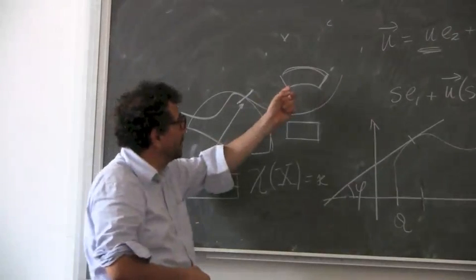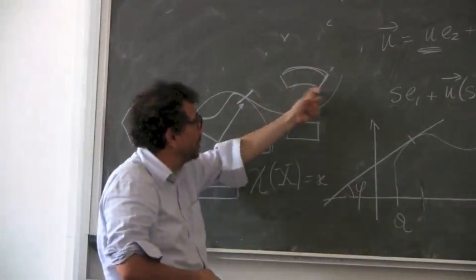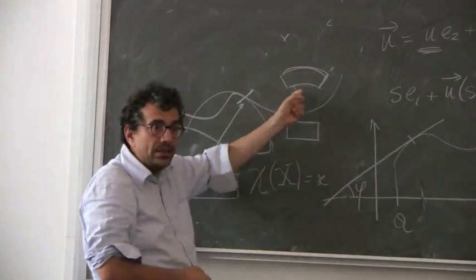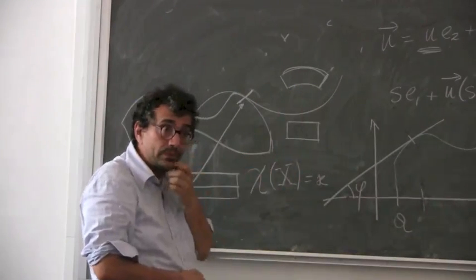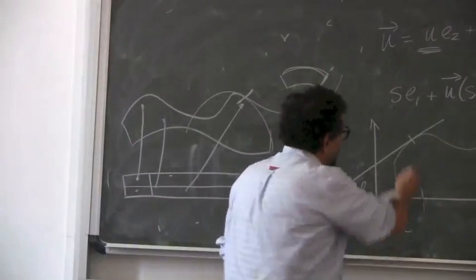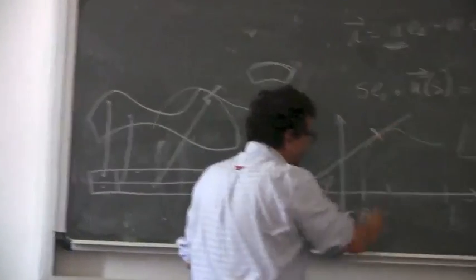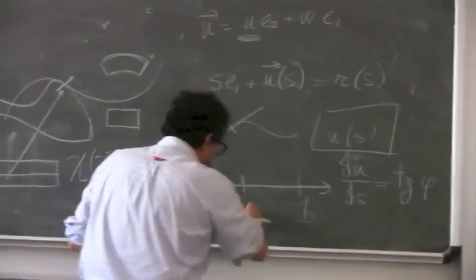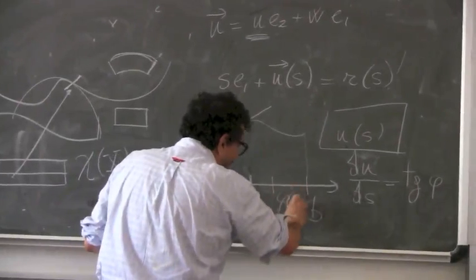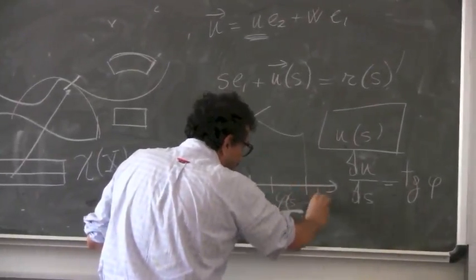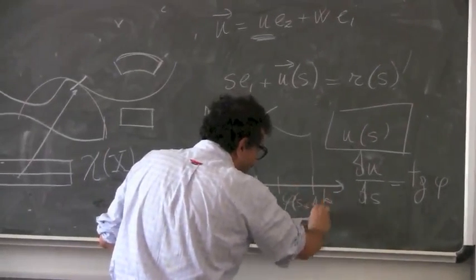How can I measure the bending of this small piece of beam? I consider phi of S and phi of S plus ds.